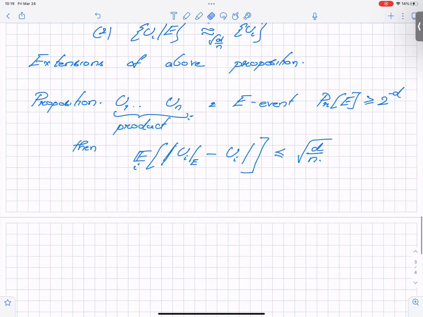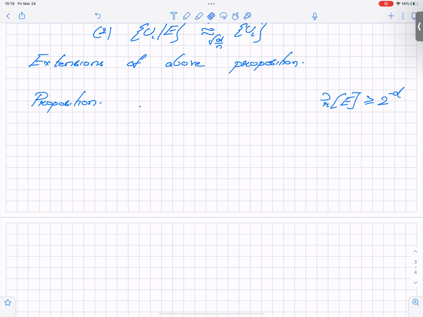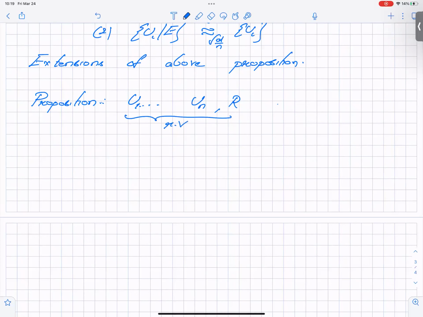is the following. Suppose U1, U2, ..., UN were certain random variables, and we had one more random variable R, and E is an event.